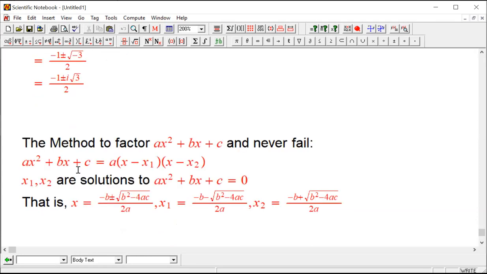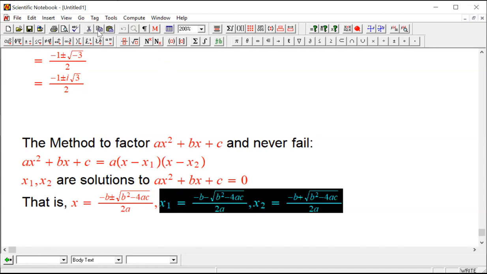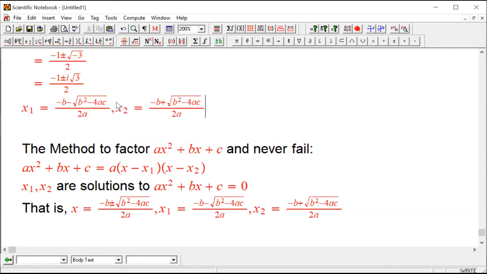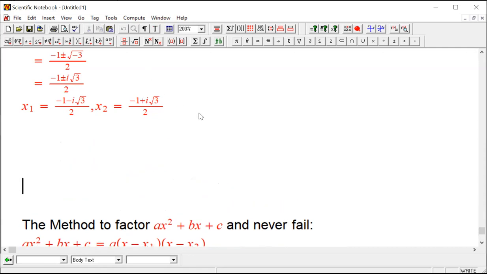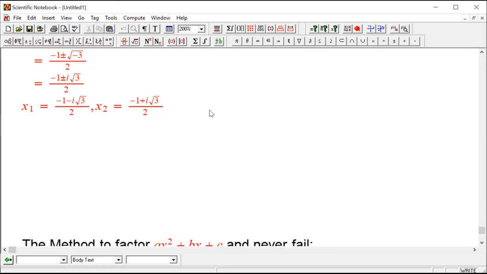So what is our x1, x2 then? We got our x1, x2 here. x1 will be this one. For x2, this will be the minus, and this will be the plus. We found our factors.